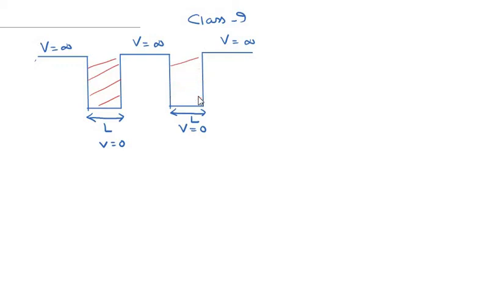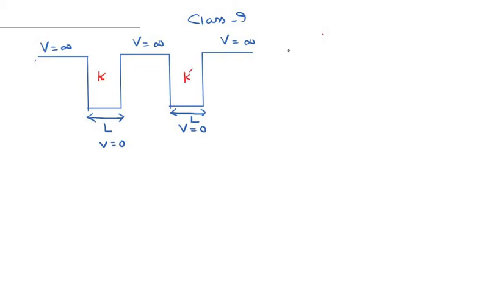As we know, in these two structures, or in these two wells, we have discrete states, where k is given by, so let us say that we name the k vectors of this potential well 1 as k, and here we call it k dash.